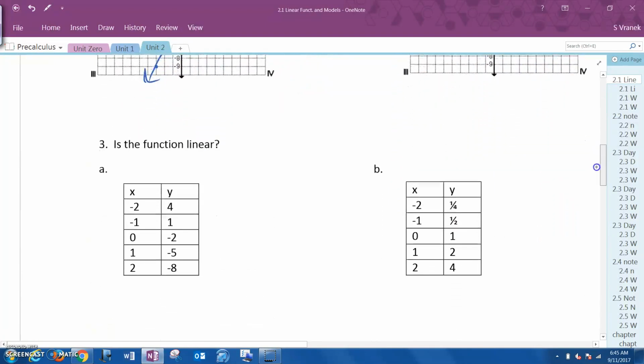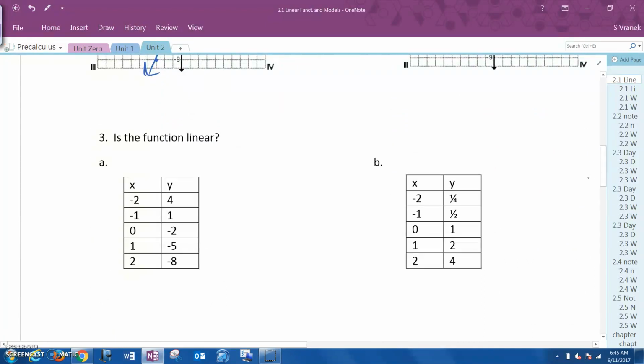Alright, to figure out if a function is linear, it must have a constant change in y for a constant change in x. So let's look at what that means.